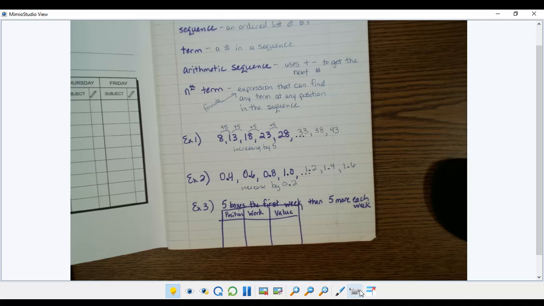We want to predict, if that pattern continues, how many boxes they'll sell at the end of the 100th week. I don't feel like writing out 99 numbers. So let's use some math and some expressions to figure this out. The words that you're going to hear are position, the first, the second, the third term, etc. We're going to do some calculations and then the actual term itself.